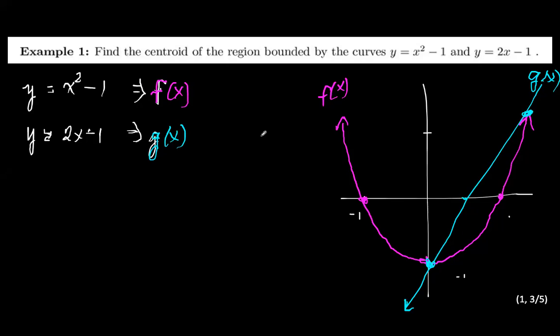And as I discussed in part 1 of this video, we say centroid because we're just talking of a plane, while the center of mass of the lamina, we should be talking about a plane also. So again, the centroid of the region bounded by the curves is just the same as the center of mass of the lamina.